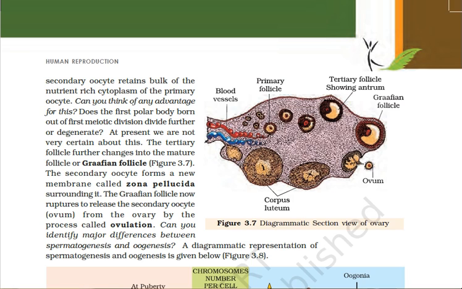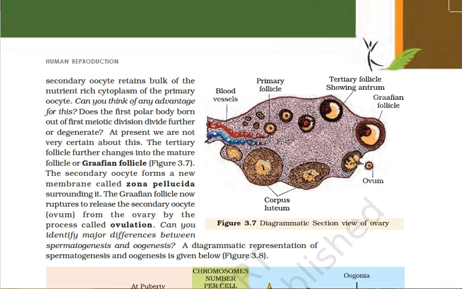So I would like to repeat this. In the ovary, the follicle cells are differentiated from the germinal epithelium. I have already described the structure of ovary earlier, and due to the repeated mitotic division only these cells are formed. Some of the follicle cells become large and are known as egg mother cells.